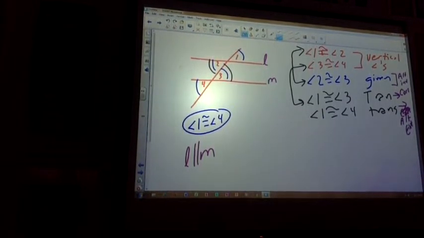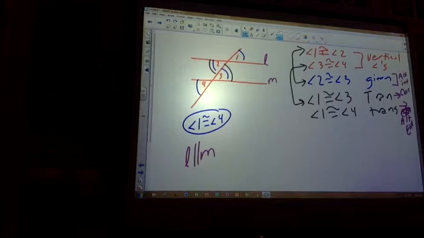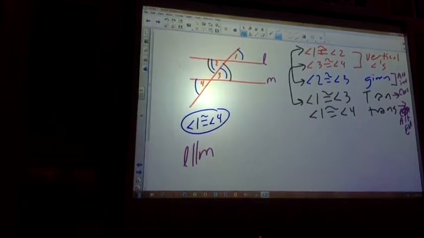Being right. Part of your final Monday. Well, what part? Where you put your name and you bubble everything in. No, the written part. Okay, sounds good. Yeah, you have to write a paragraph about stuff.